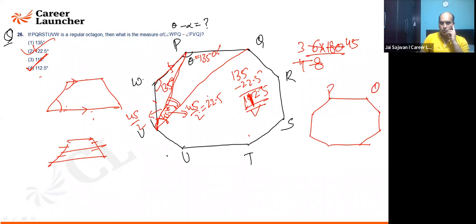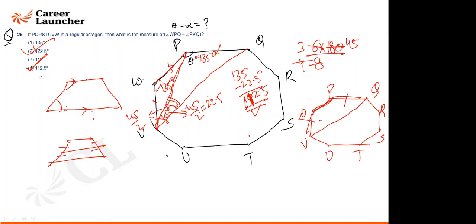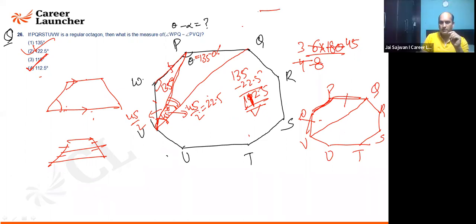This is P, Q, R, S, T, U, V, W. I'm going to connect V and Q here. Look at this figure. These two sides are equal. Is that fine? Yes. These two sides are coming out to be equal. So I can say this is like a trapezium where the two sides are coming out to be equal. So that is the only condition.